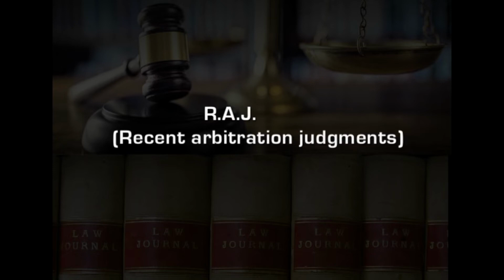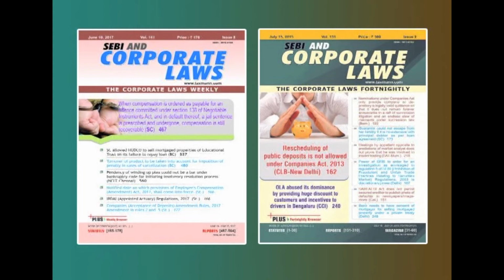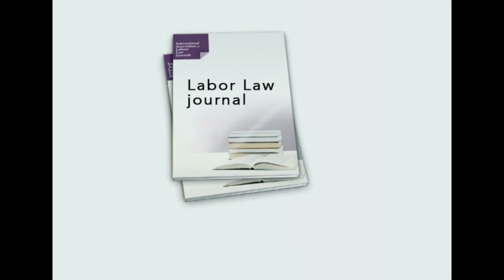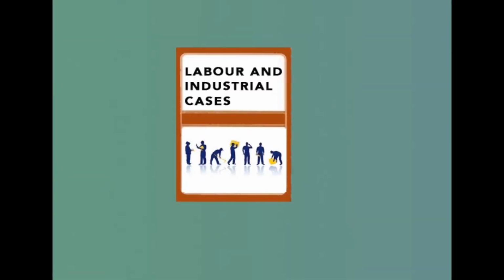RAJ, Recent Arbitration Judgments, mostly confined to arbitration matters. SEBI and Corporate Law Journal, mostly dealing with investment and securities. Labor Law Journal, labor and industrial cases, so on and so forth. So, those lawyers who are specializing in a particular area would do well to get access to these.